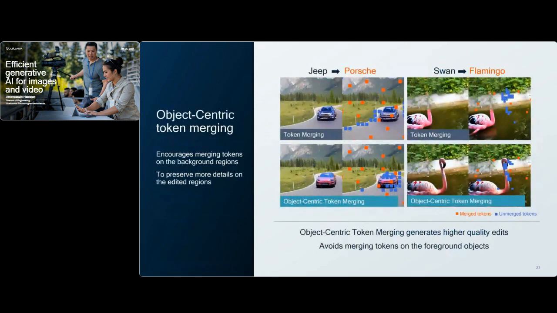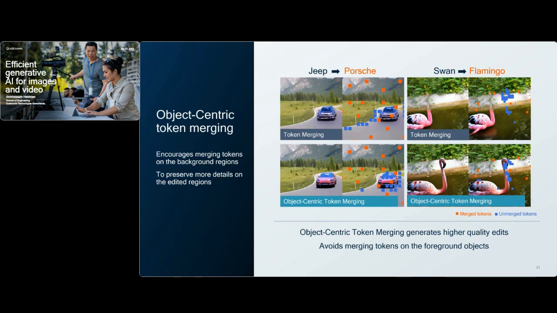For further compression, we introduce an object-centric token merging strategy that encourages merging the tokens of background regions to preserve more details on the foreground or edited objects. As we see in this figure, the object-centric token merging, in the bottom row, generates better edits. For example, for this flamingo, the whole neck is lost in vanilla token merging, and the shape of the Porsche is quite messed up in vanilla token merging.